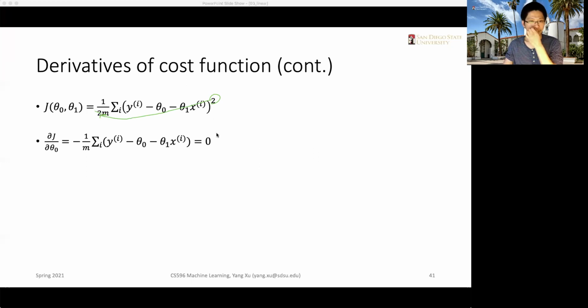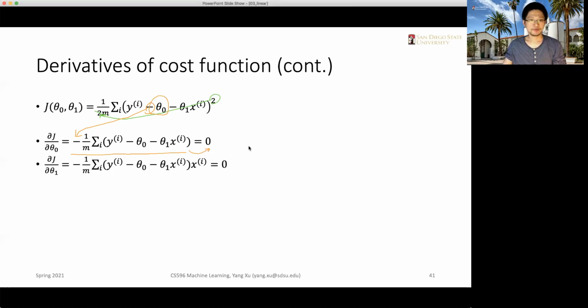Also within the term here, because it's theta 0 we are focusing on, only theta 0 is the variable. So we will need to take the coefficient -1 out to here. And this is the derivative of J with respect to theta 0, and we want it to be 0, because at that point we will have a minimal value for J.